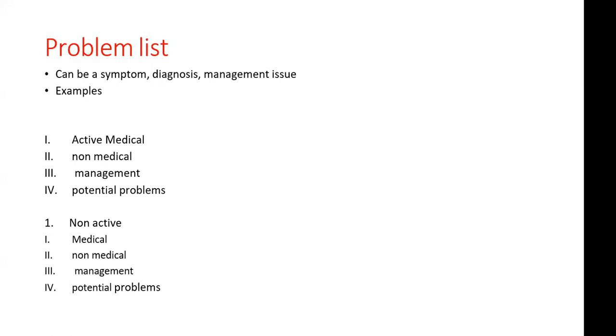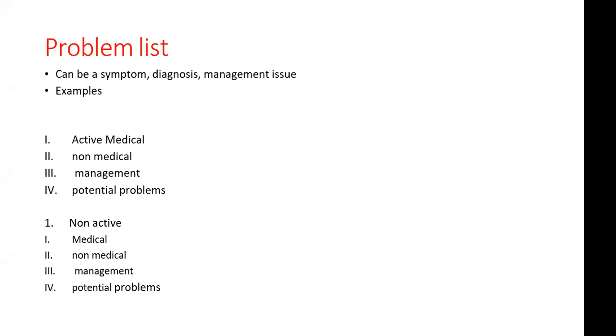When you write a problem list, you have to classify it into two. And we will learn how to do this practically. Don't worry. This might not make sense now, but it will make sense when you finish your medicine appointments. So basically, problem lists can be classified into active problems and non-active problems. Active problems can be, for example, worsening shortness of breath for 3 months. That's an active problem.